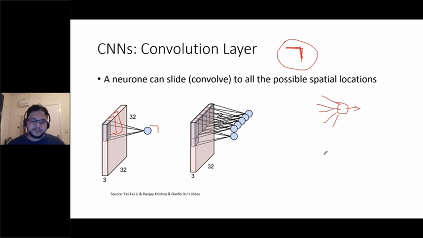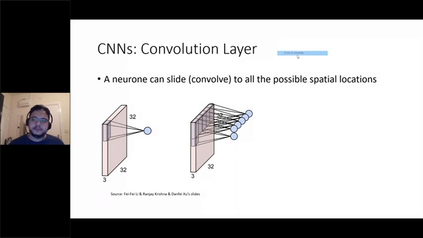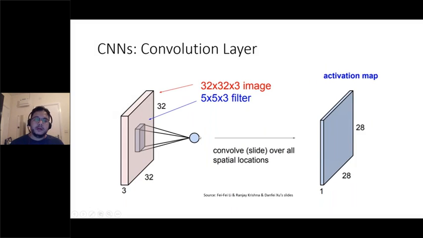Then, such a neuron has this information. This is the image, 32 by 32 by 3. And here we have what we call a filter. A filter is just a small region: how many pixels my neuron is focusing on. 5 by 5 by 3, where 3 is the number of channels.